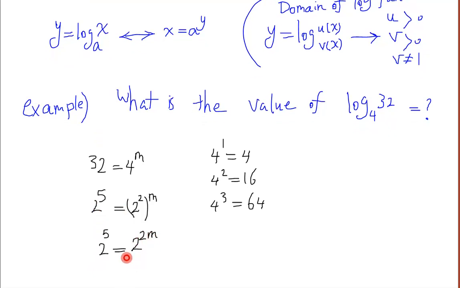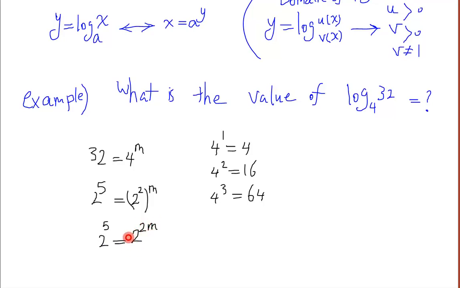Now we have two exponential numbers. The bases are the same, so the powers must be the same. Therefore, 2m must be equal to 5 and m is equal to 5 over 2, or 2.5. The answer is 2.5. The answer of this logarithm is 2.5.